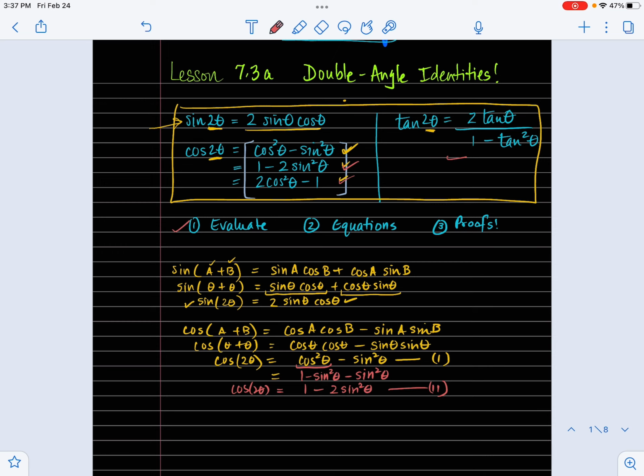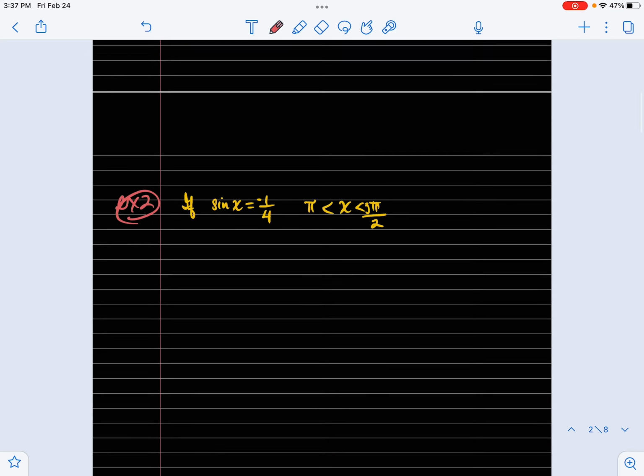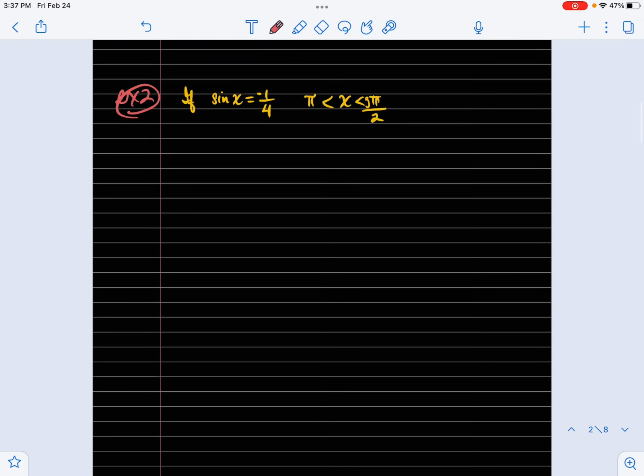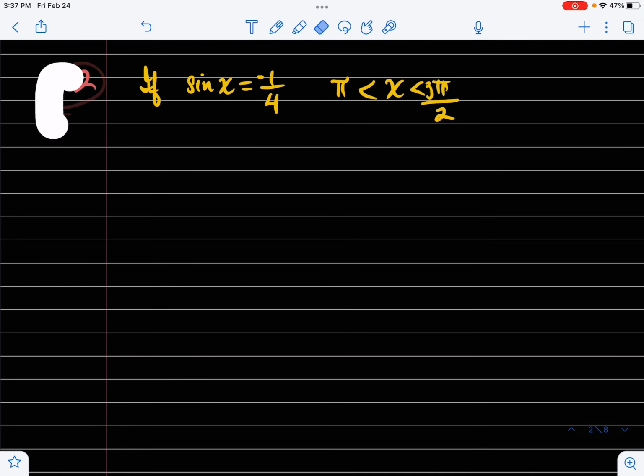Like I said, the first category is evaluating type of questions, followed by equations, followed by proofs. So let's jump into equations. This is technically example 1. All right, I've been given sine x is equal to negative 1/4. And at the same time, I've been told that this x value, the angle x, is in quadrant 3.